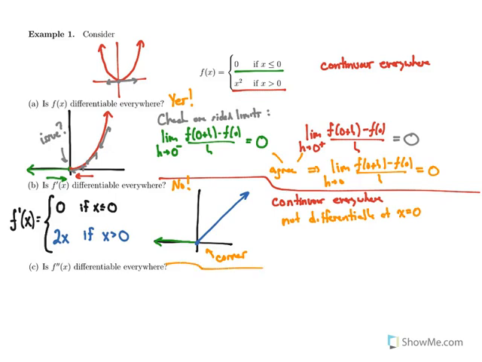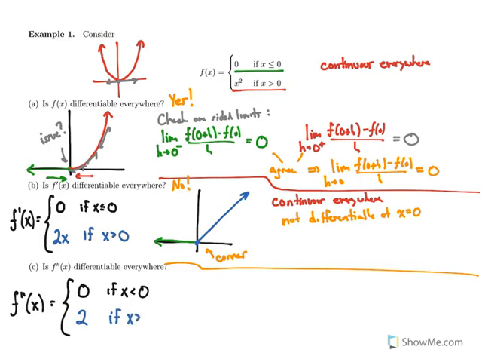So now let's think about the second derivative. Second derivative is piecewise, and we know that it's going to be 0 if x is less than 0, and it's going to be 2, the derivative of 2x, the slope of the line, if x is greater than 0.